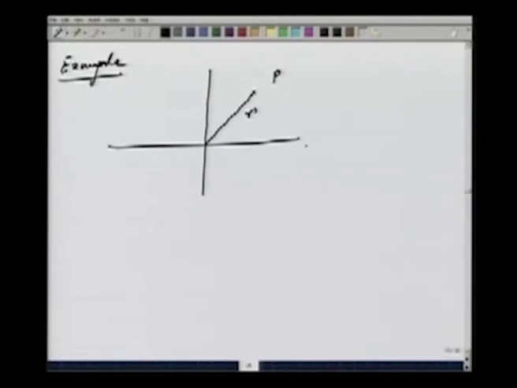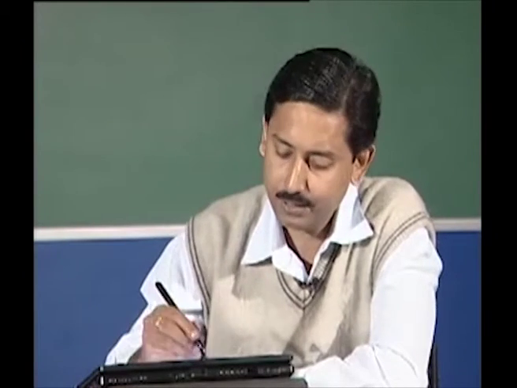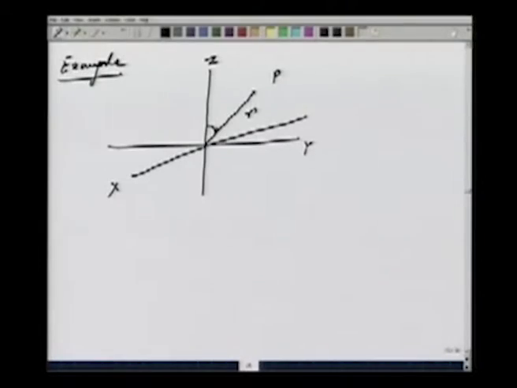Let us say this is the x-axis, this is the y-axis, this is the z-axis. Then this point P, wherever it is, makes a certain angle with z. Call this angle phi. Now I project the point on the xy plane.